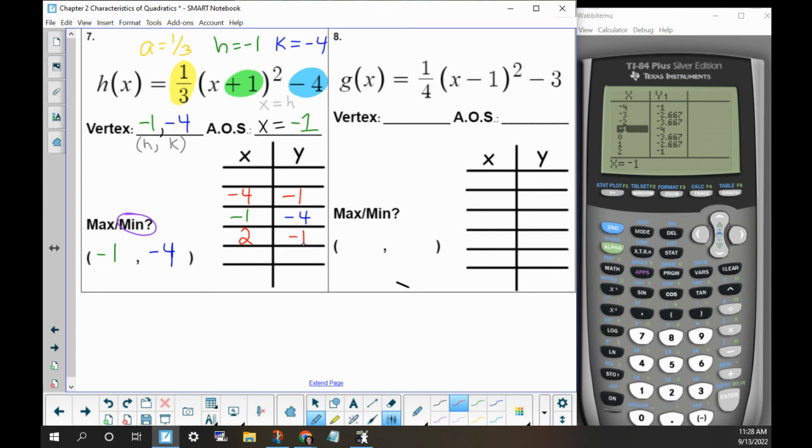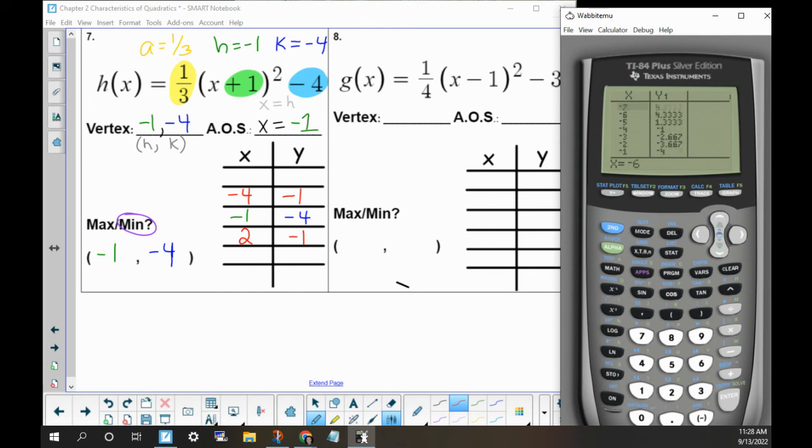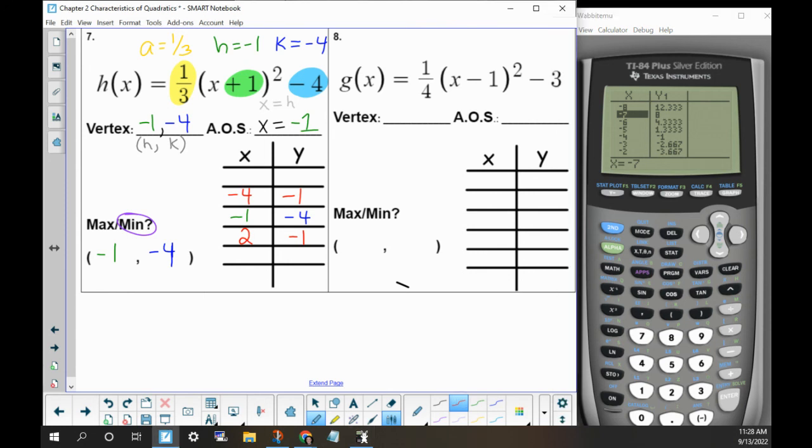All right, so I still need to scroll and find my next pair. What's my next grouping going to be? Negative 7 and 8.